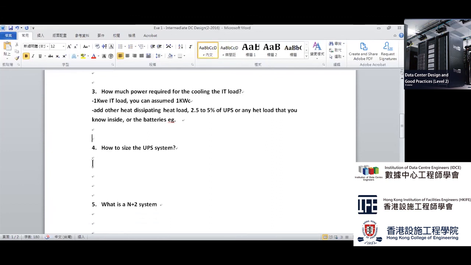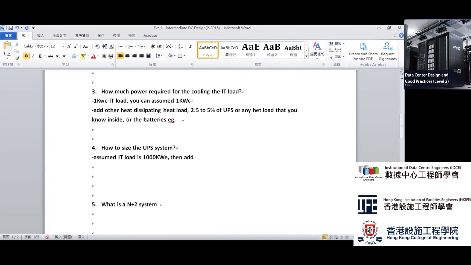Okay, the UPS, right? In this case, assume the IT load is 1,000 kilowatt electric.